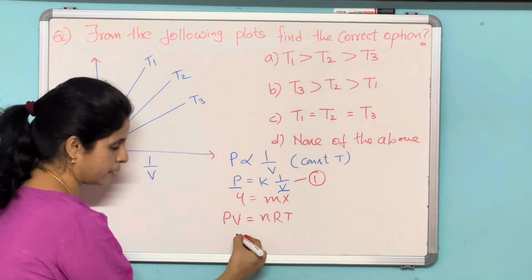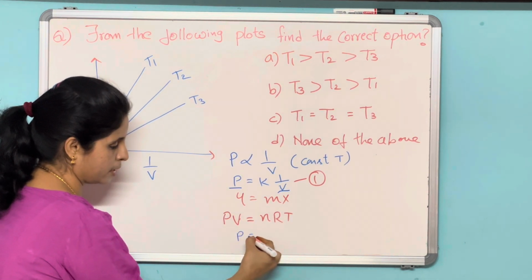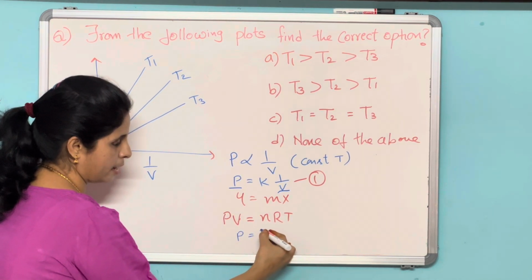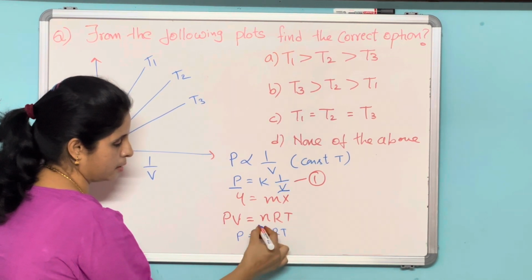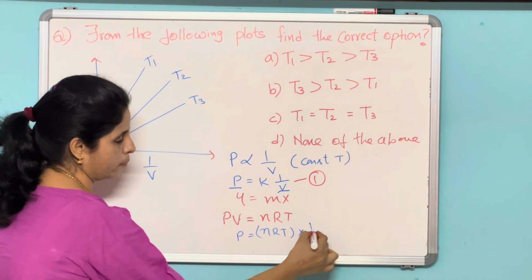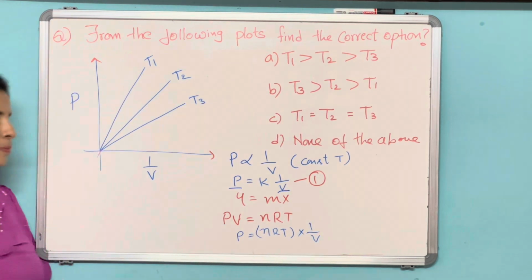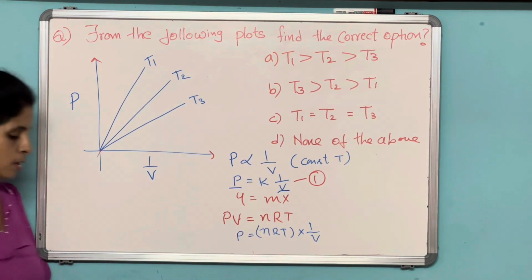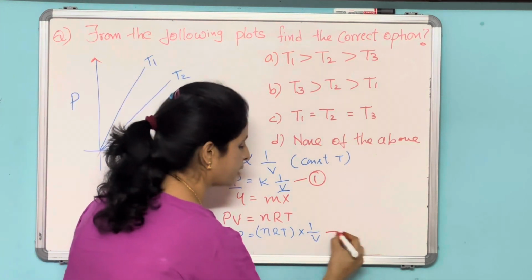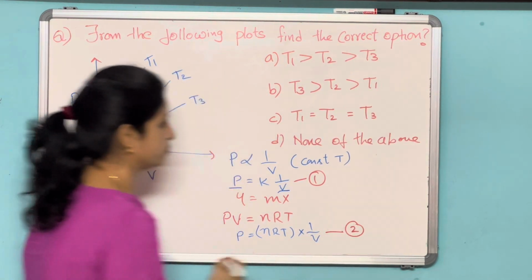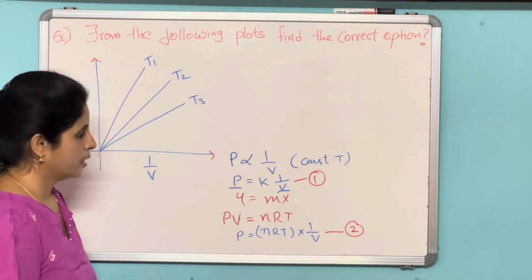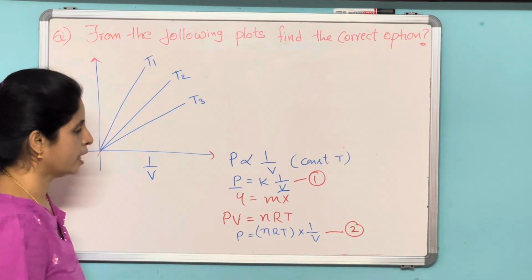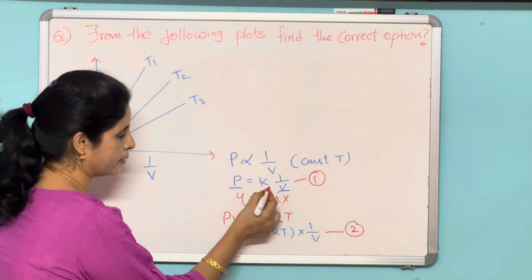From this you write P is equal to nRT into 1 by V. Let us take this as equation number 2. Now, from these 1 and 2, what is the value?